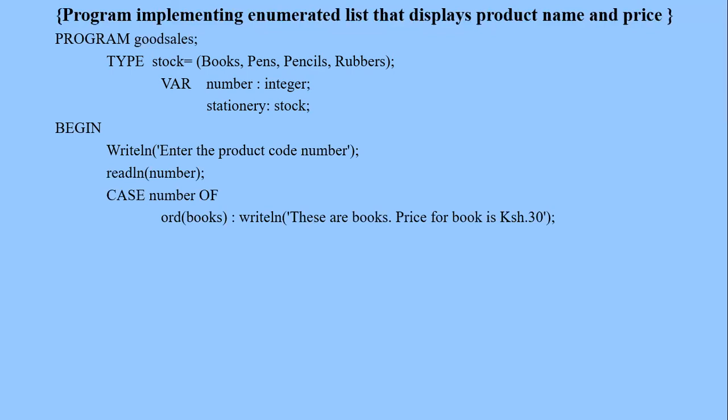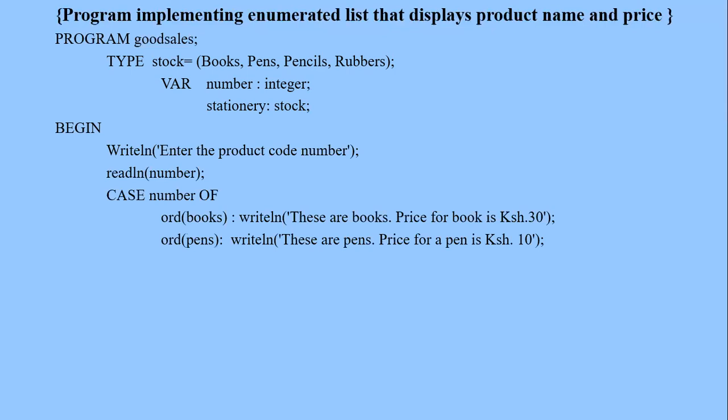So case number. So if you enter 0, it will be case 0 of. Then find out which of these functions returns 0. If it's books, meaning books is 0, then display the message, these are books, and the price for the book is Kenya shillings 30.